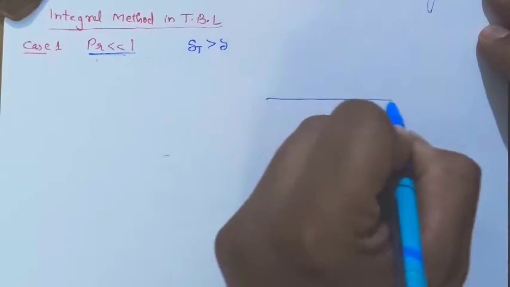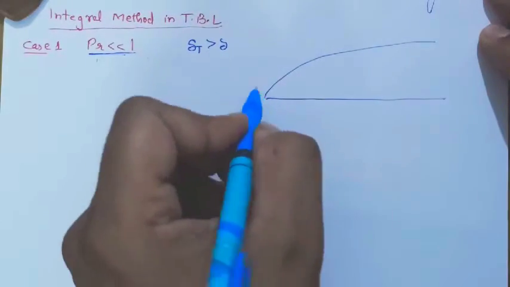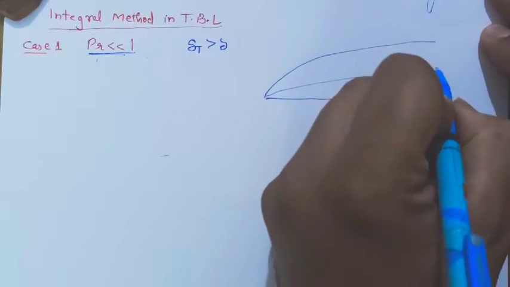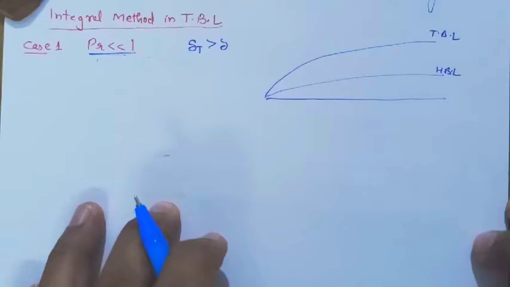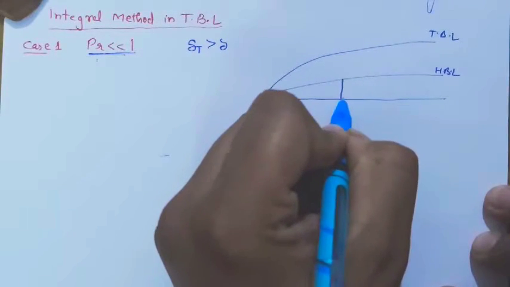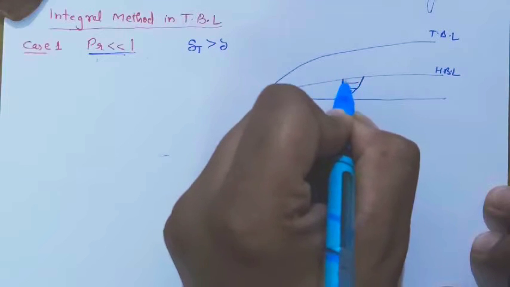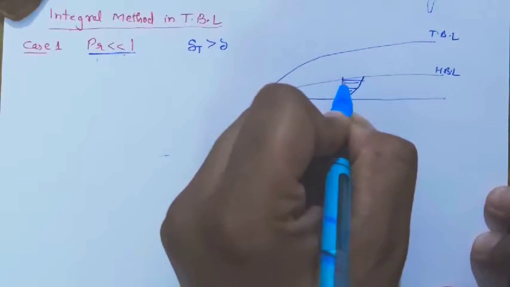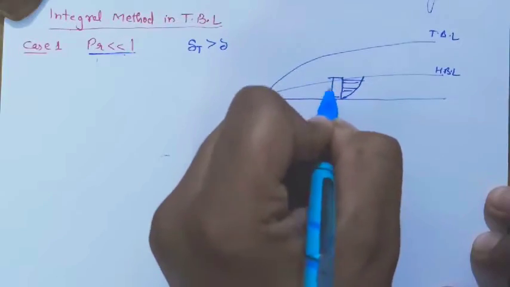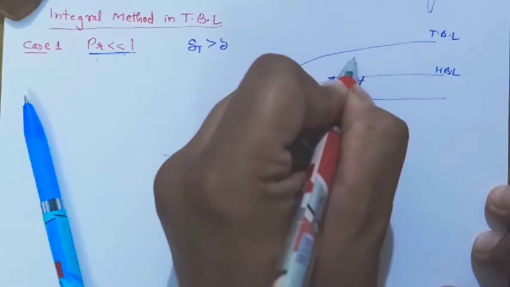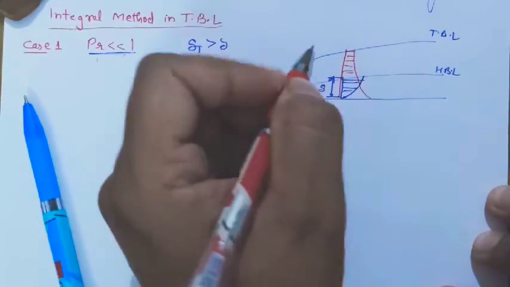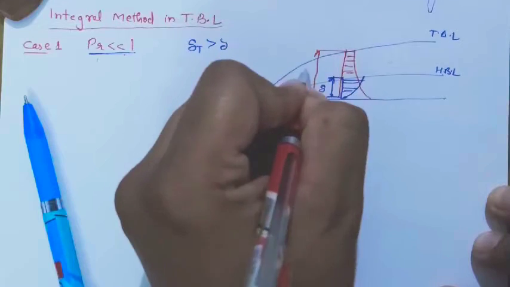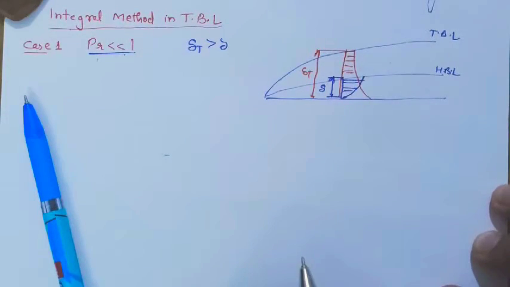So it will look like this, right, and this is V, the delta, and this is delta T, right?